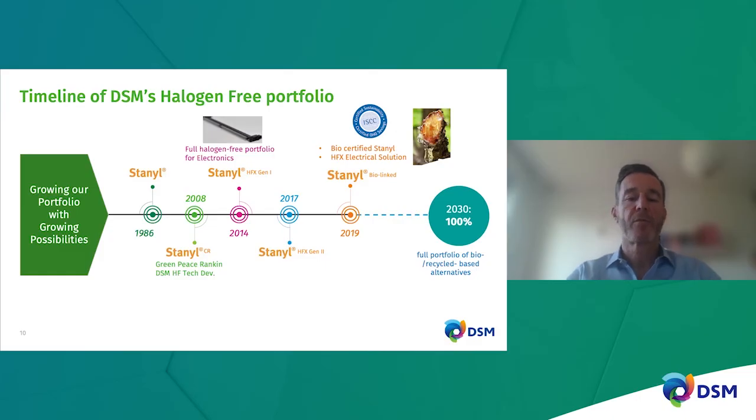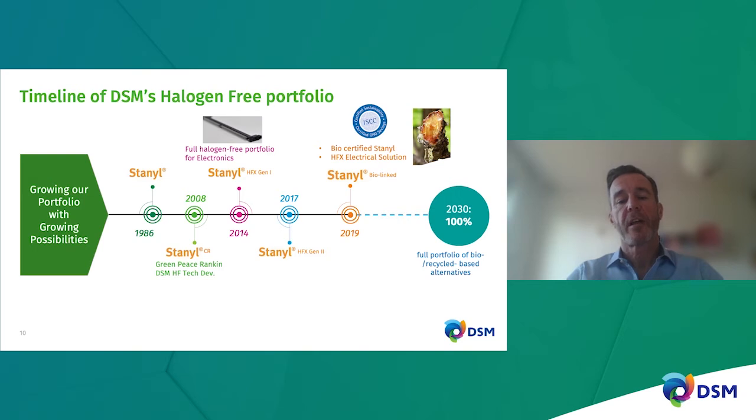Cotton Rose is a flame retardant developed by DSM, and next to its flame retardant properties, it also shows excellent arc quenching properties. Further developments have led to Stanyl HFX Generation 1 and the currently positioned Stanyl HFX Generation 2, which we position in the electrical power distribution segment.